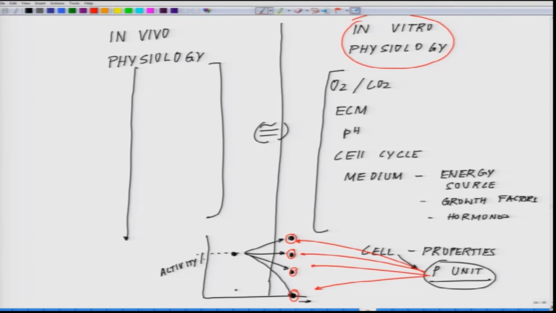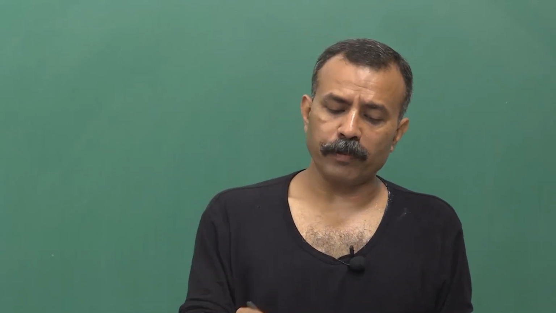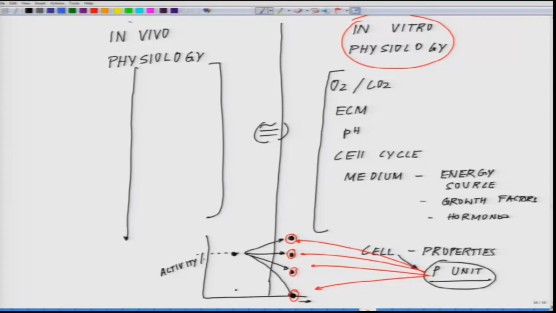Okay. So, there comes the real challenge: how much you have understood the biology of the cultured cell, and how much you have appreciated the in vivo physiology of that particular tissue from where you have derived the cell sample.